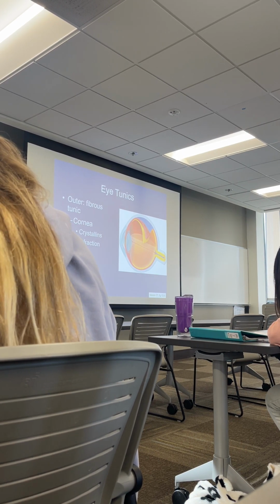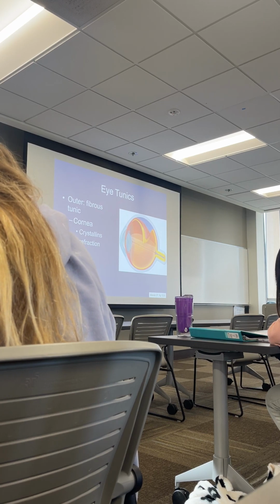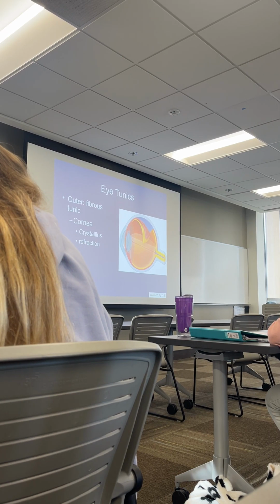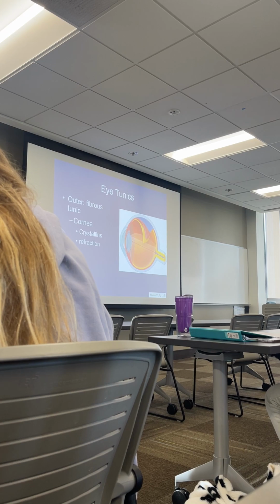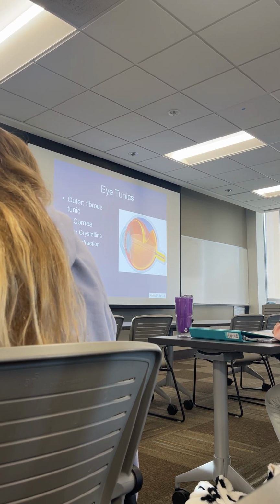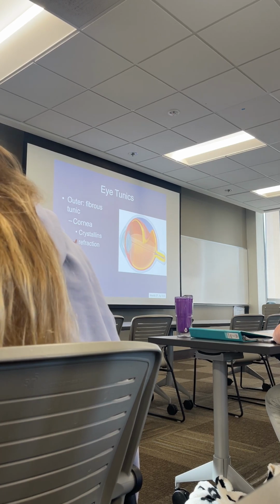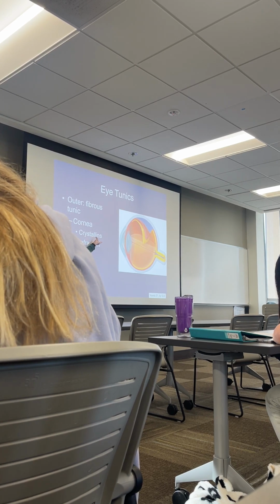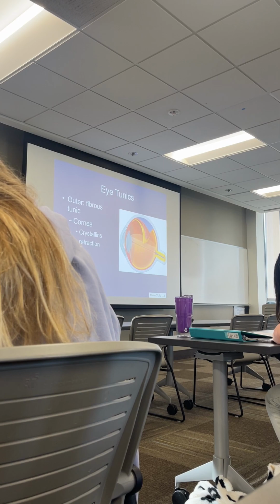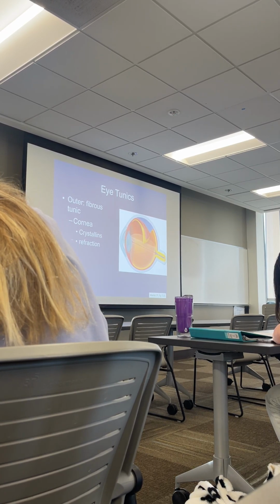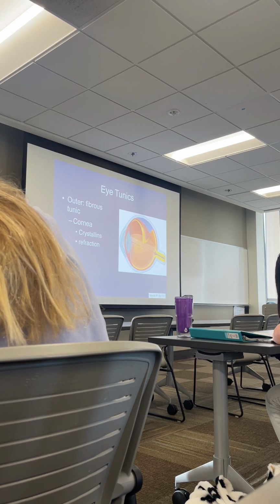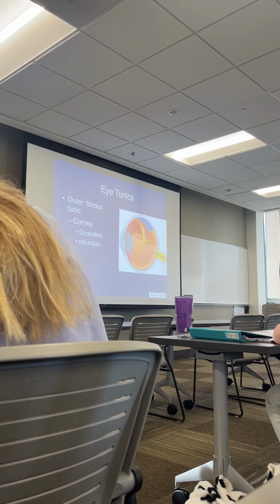At the front, this outermost tunic is not like the sclera, but it's going to be the cornea. We're going to have cells that have special proteins called crystallins. And these crystallins allow light to be transmitted. What does it mean for light to be transmitted? Okay, it's going to go through.